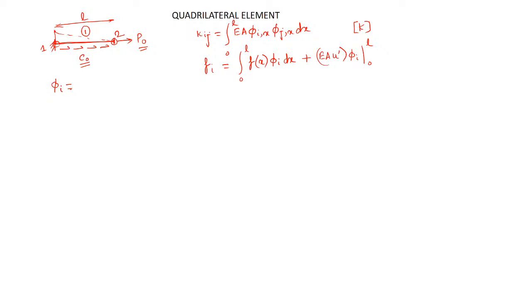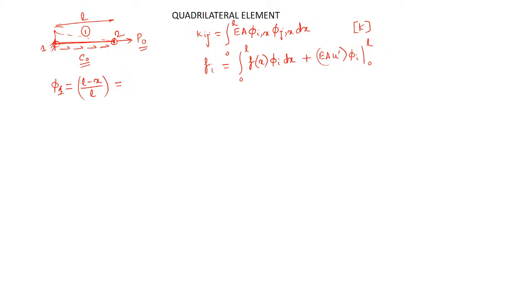So then what is the definition of phi 1? Can I write phi 1 as, because it has to be 0 at x equal to L, L minus x divided by L. Fine, because at x equal to L it is 0 and at x equal to 0 it is 1. So that is how we define.